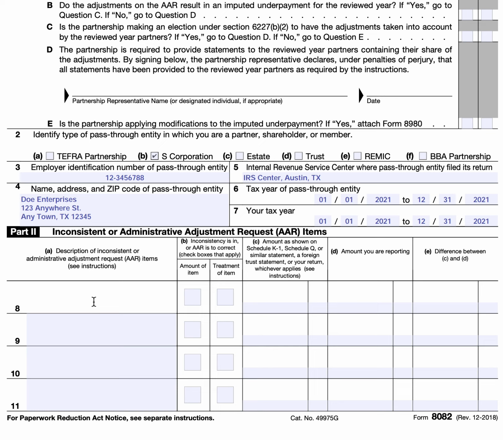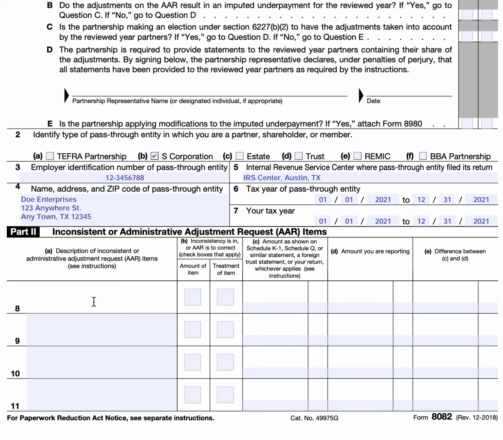Again, Form 8986 is a push-out statement. So basically, in a push-out statement, the partnership is pushing out all of the adjustments to the individual taxpayers or the partners themselves, so that they're reporting a prorated amount of adjustment to that income item, in accordance with their ownership stake in the partnership.